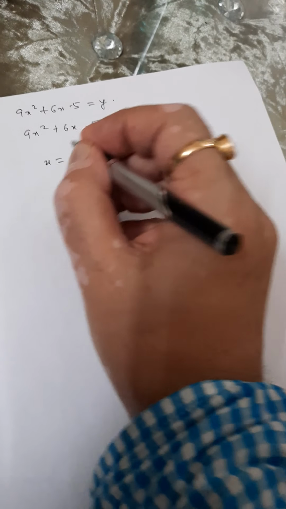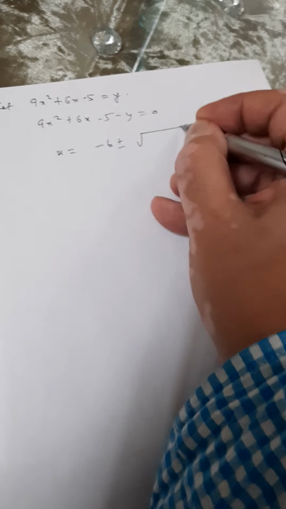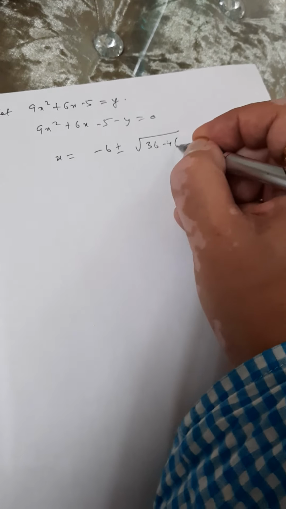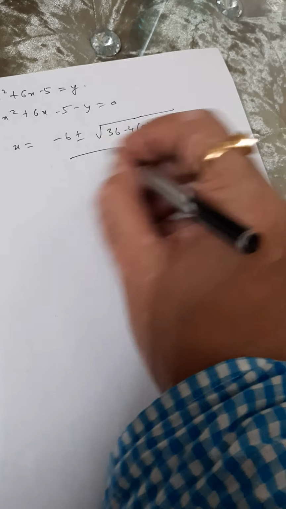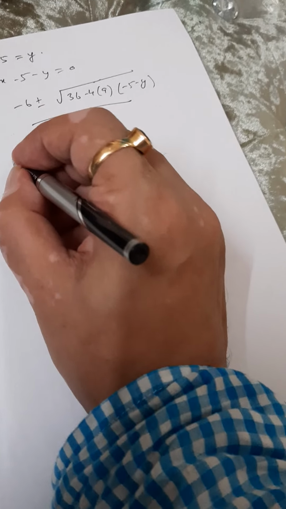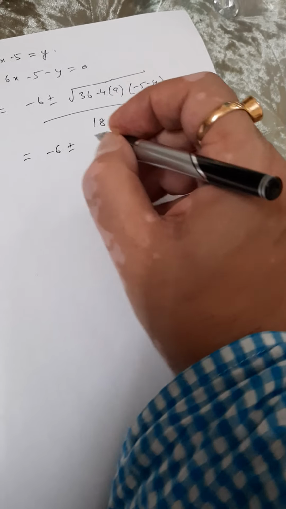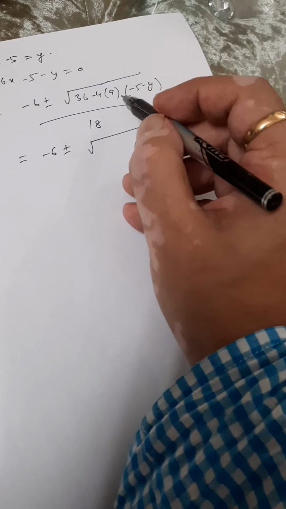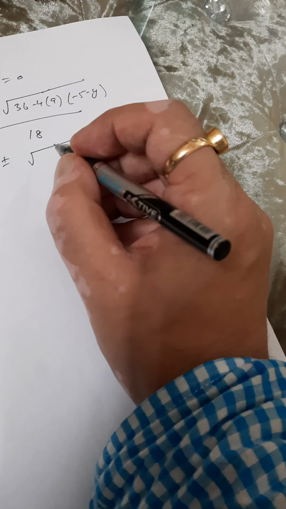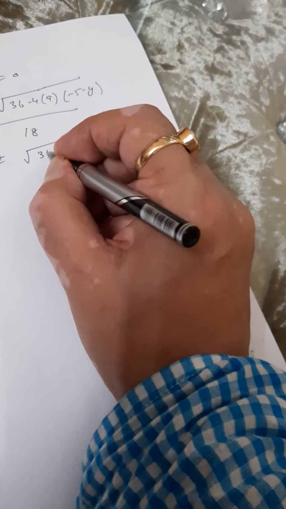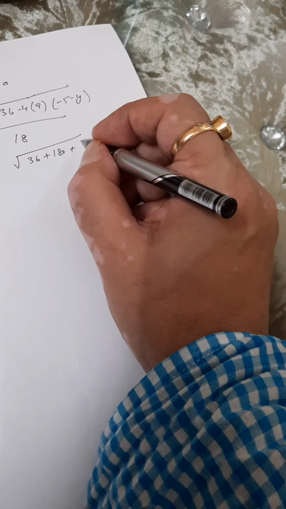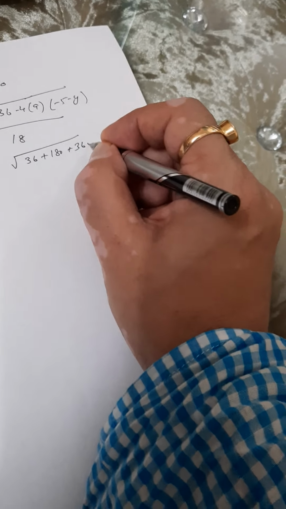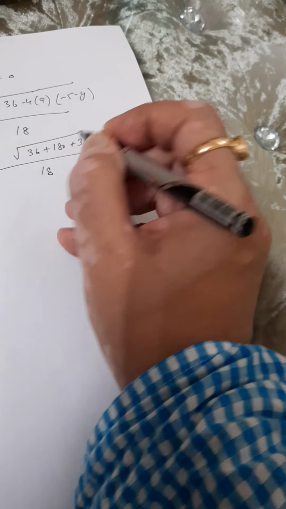So x equals minus 6 plus minus square root of 36 minus 4 into 9 into (minus 5 minus y), upon 18. So that will be minus 6 plus minus square root of 36 plus 180 plus 36y, upon 18.